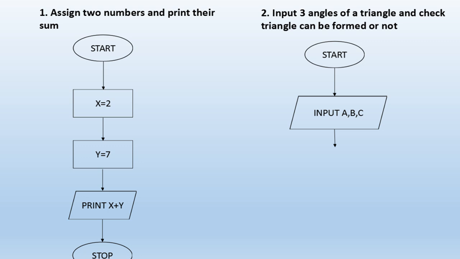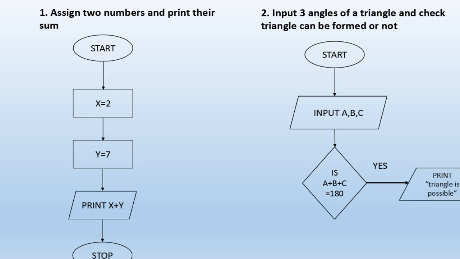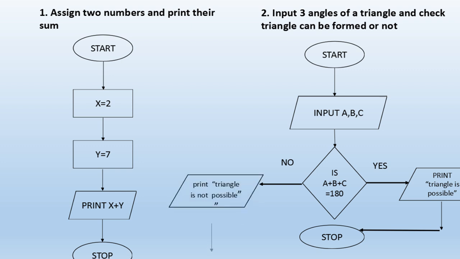You will take a decision. If the sum of the angles A plus B plus C, this will give you the sum of the three angles, is equal to 180, then on this side, if it is yes, it will print triangle is possible, then it will go to the stop box. And if it is no, then it will print triangle is not possible, and straightaway it will go to stop.